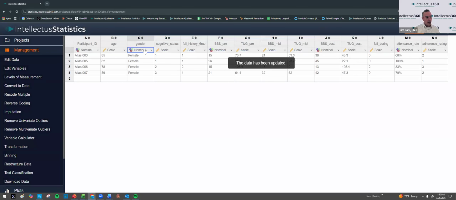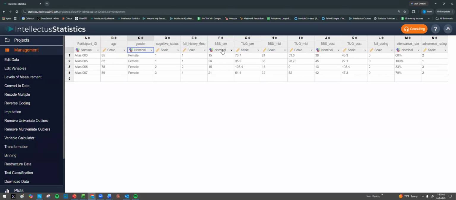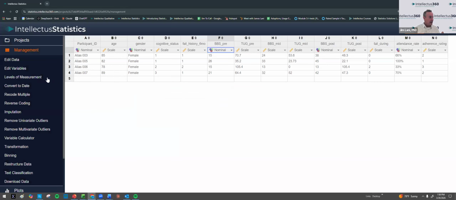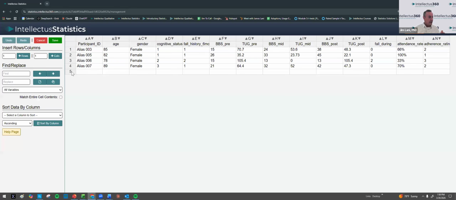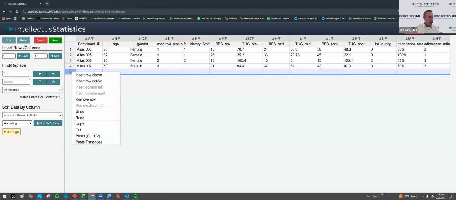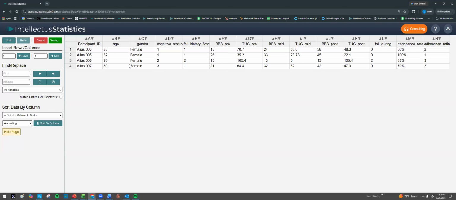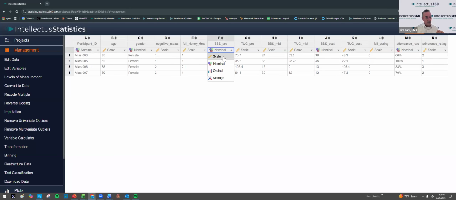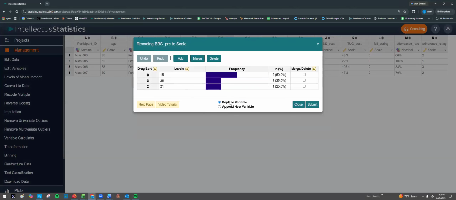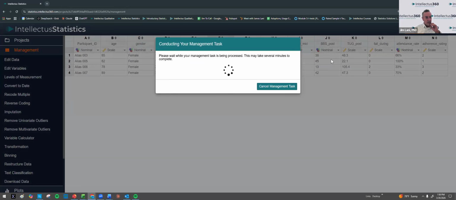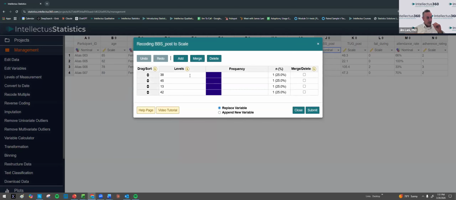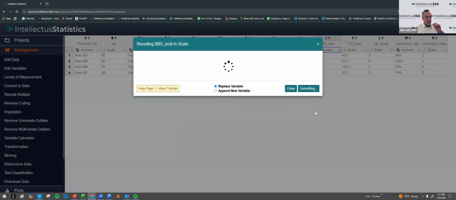My point for the folks on the call who get the levels of measurement: this level is a number, so you're going to make that scale. Let me make my life easy here and get rid of that row, just right clicking and removing row. Nevertheless, that's a scale variable. I'm going to put that right back into the same variable. And post is also a scale variable.